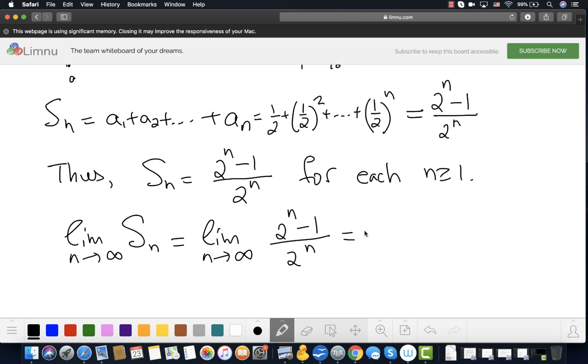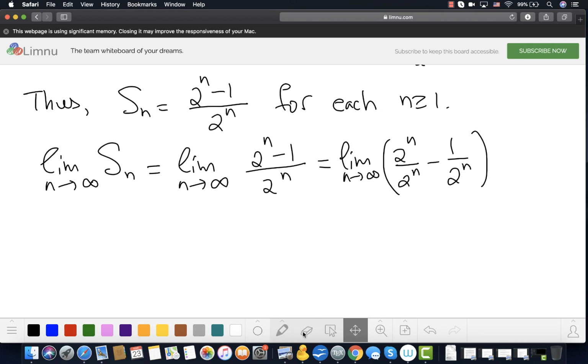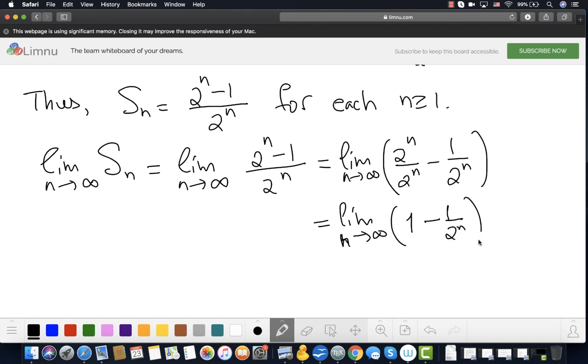And well, what is this? Okay, so let's split the fraction. I just split the numerator into two pieces because I have a common denominator. I can do that. And what I get is the limit as n goes to infinity of 2 to the n divided by 2 to the n, which is just 1, minus 1 over 2 to the n.